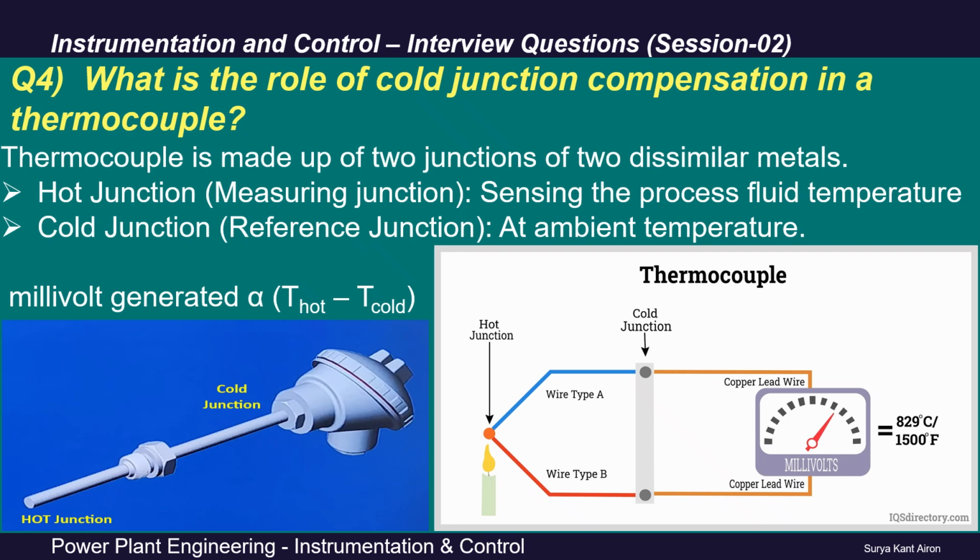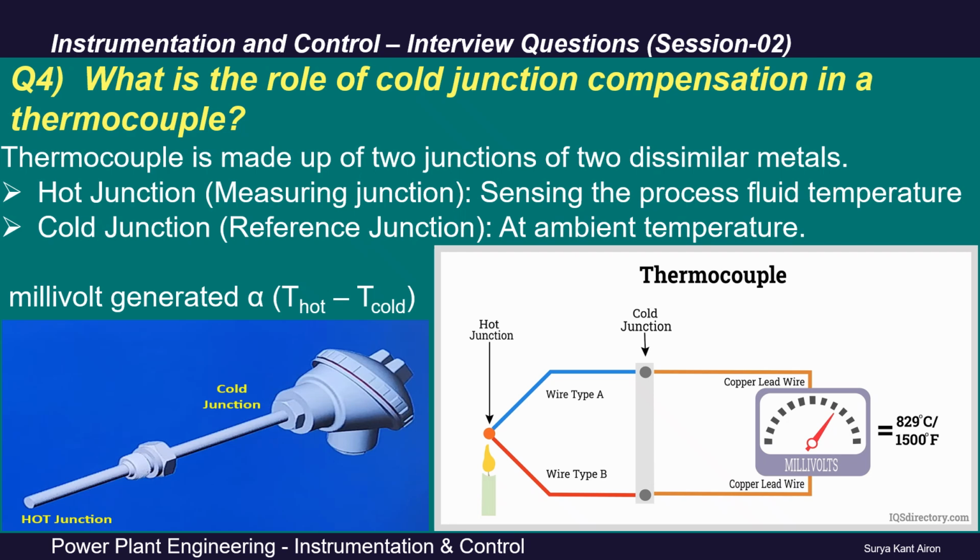The cold junction, also called the reference junction, is in an open environment, and the millivolts generated are directly proportional to the temperature difference between the hot junction and the cold junction. Clear?